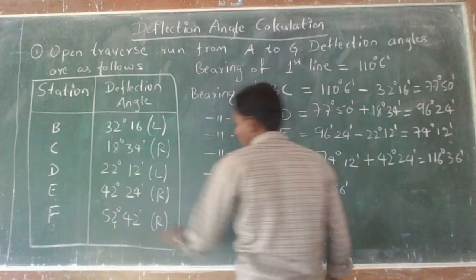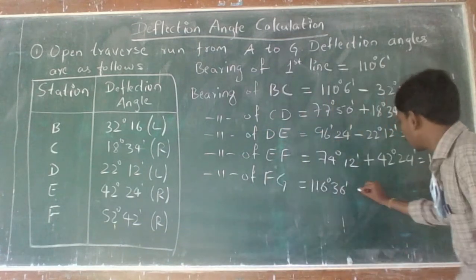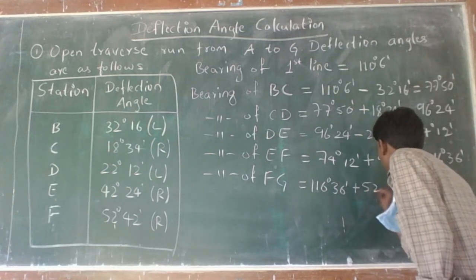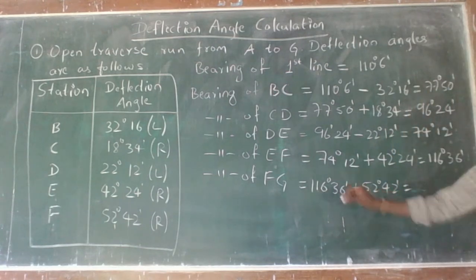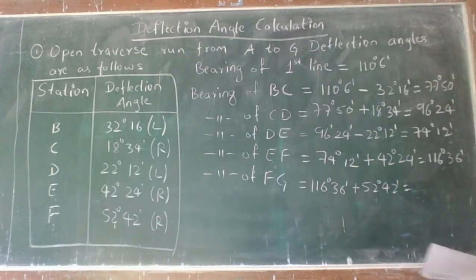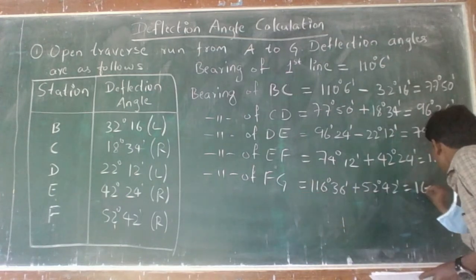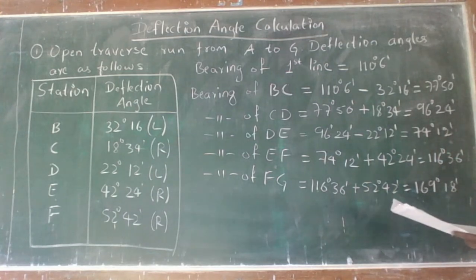Now for that reason we have to take the sign plus. Now substitute the value 52 degrees 42 minutes. The sum of these two angles will give you the bearing of the line FG. So the value is 169 degrees 18 minutes. So this completes the first problem. I hope you understood.